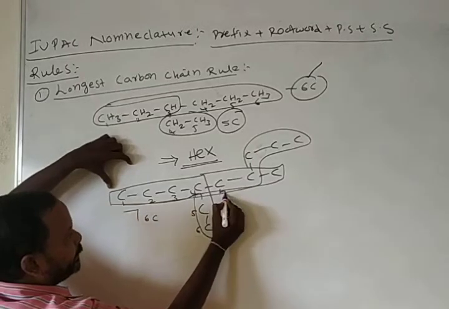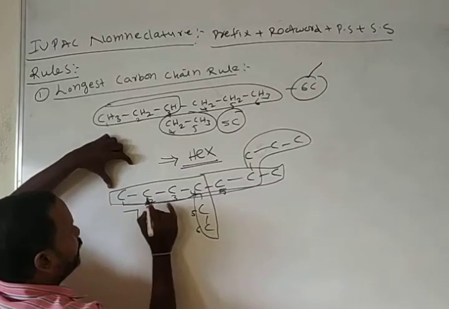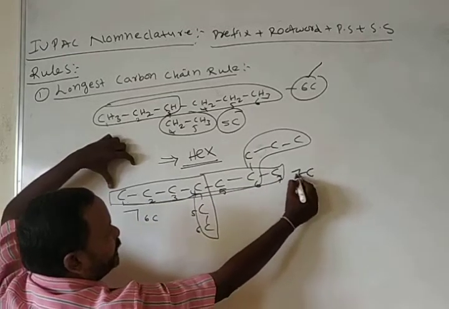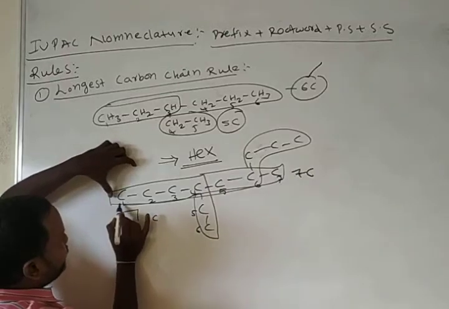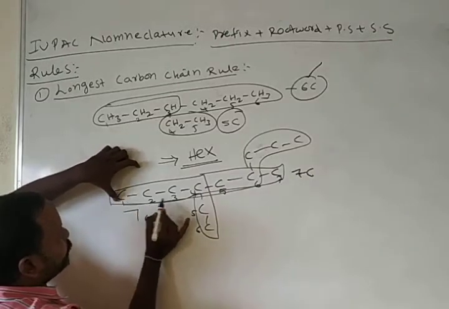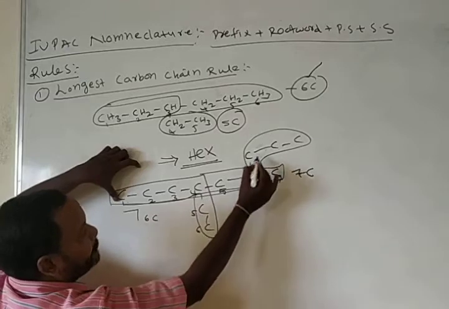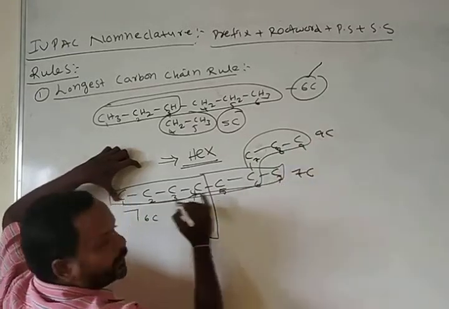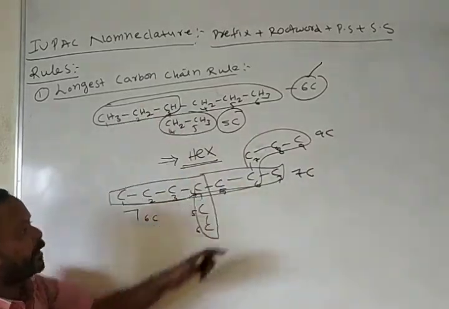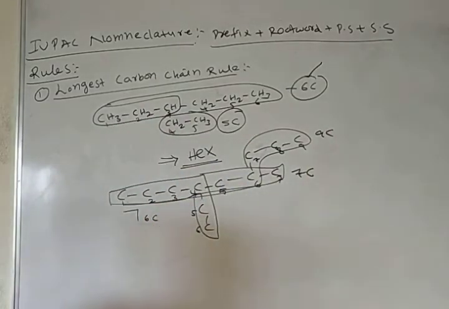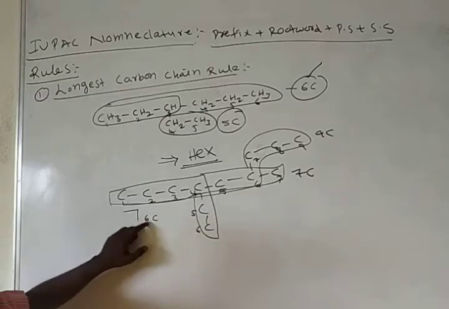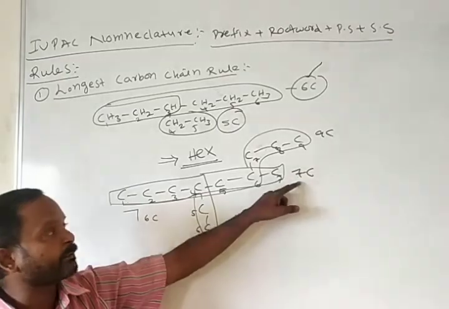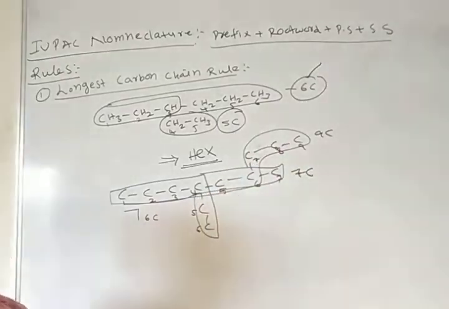In the straight one, 1, 2, 3, 4, 5, 6, 7, so 7 carbon atoms. In this chain, 1, 2, 3, 4, 5, 6, 7, 8, 9, so 9 carbon atoms. That means this molecule contains 3 types of chains: one with 6 carbon atoms, another with 7, and one more with 9.